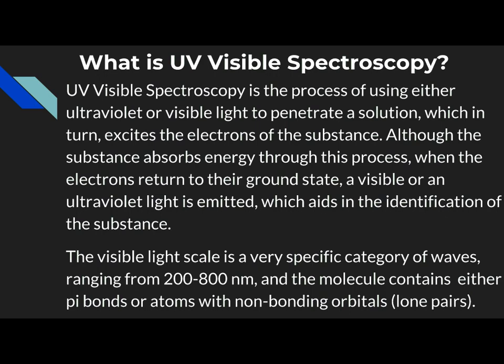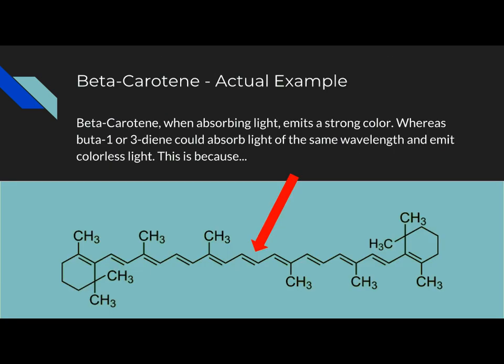Keywords. So, to conceptually give you an idea of how this works: there's a compound called beta carotene, which is a really long compound with lots of double bonds you can see here.